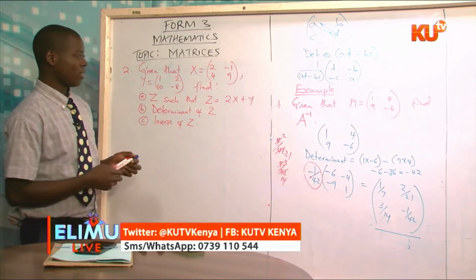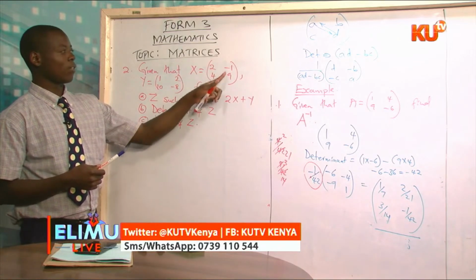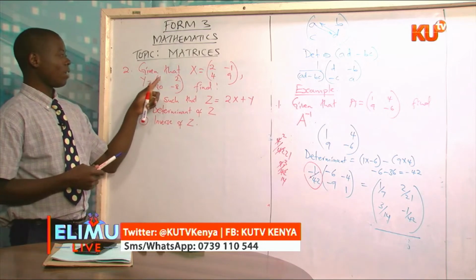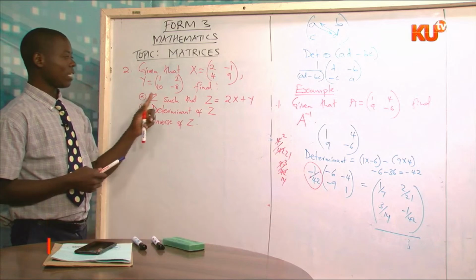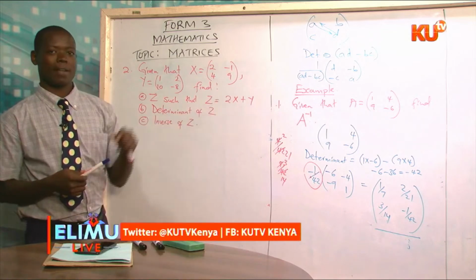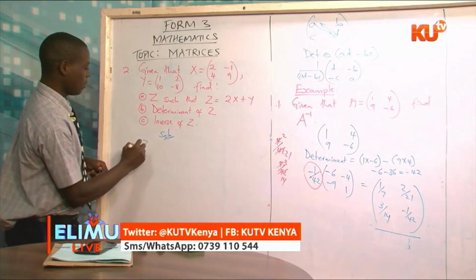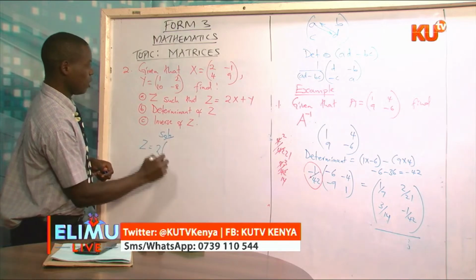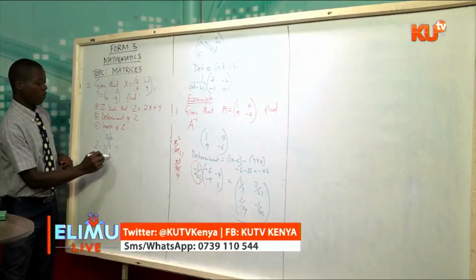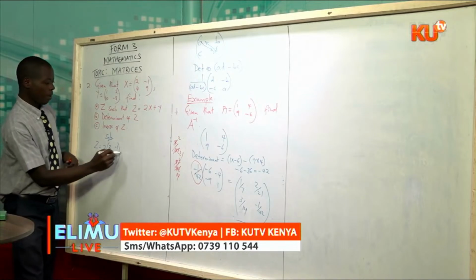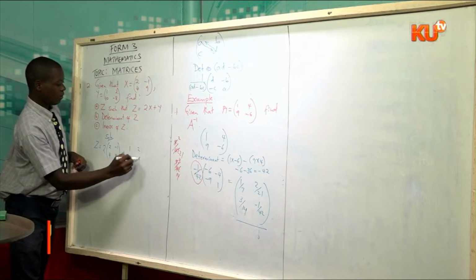So where do we start, students? We have X 2, negative 1, 4, 9, and we have Y 1, 2, 10, negative 8. The instruction is that Z is 2X plus Y. So we'll start from that point and say our Z will be equal to 2 into X. X is 2, negative 1, 4, 9, plus Y, which is 1, 2, 10, negative 8.